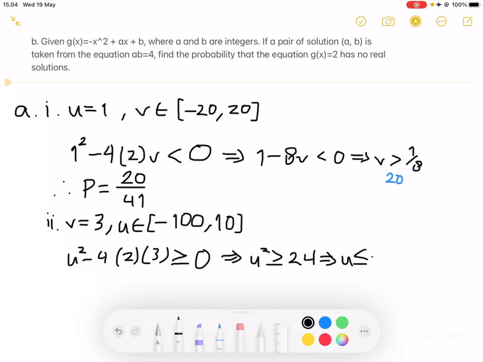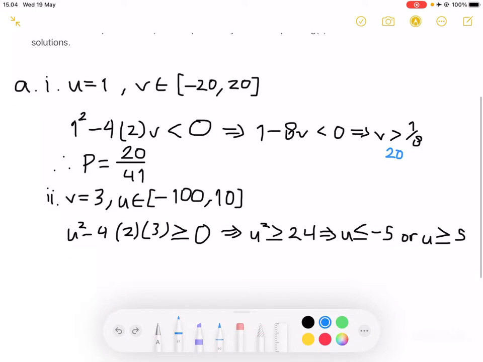So the solutions are u is less than or equal to -5, or u is greater than or equal to 5. Now you can check how many of these solutions satisfy our interval. For the first part, there are 96 possible values, and for the second one we have 6, leaving us with a total of 102 values.